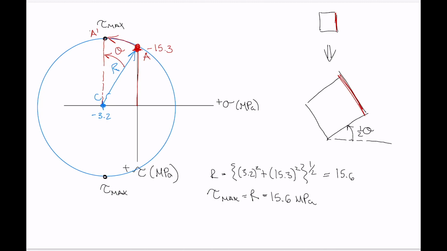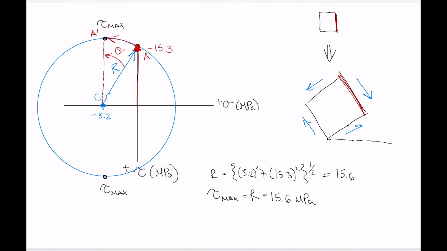So let's plot that on our circle. So the maximum shear stress is negative, so that means it's downwards on this side. So there we go. And like that there. And let's move the angle label here so we don't get screwed up by that.